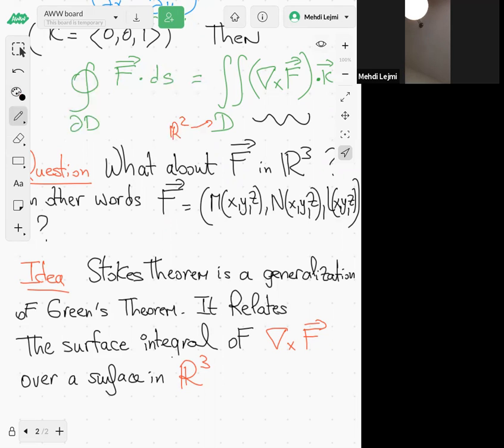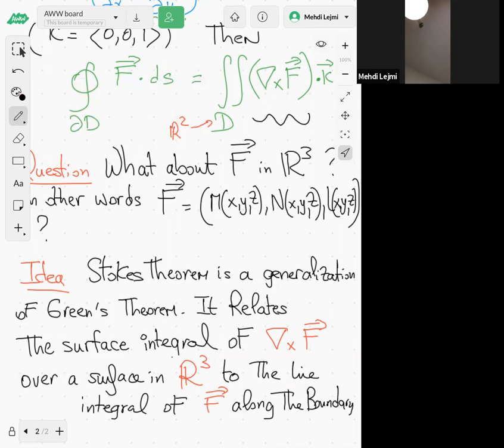So the surface integral of the curl of f over a surface in R3 is related to the line integral of the vector field f along the boundary of this surface.